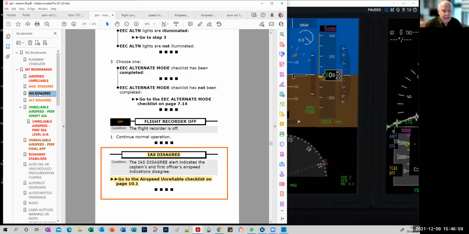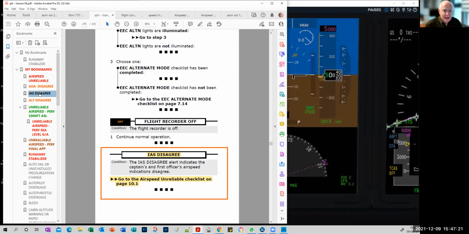Let's have a look at the IAS disagree. IAS disagree. Condition. The IAS disagree alert indicates the captain's and first officer's airspeed indications disagree. Go to the airspeed unreliable checklist on page 10.1.